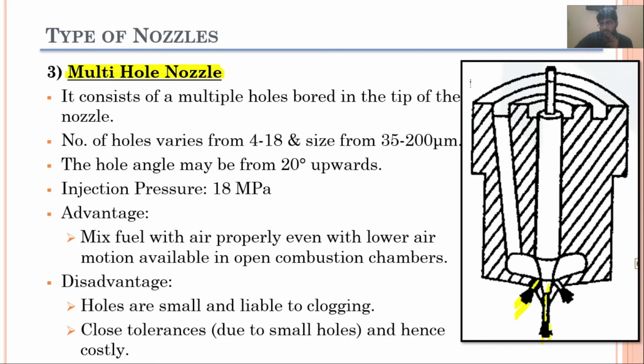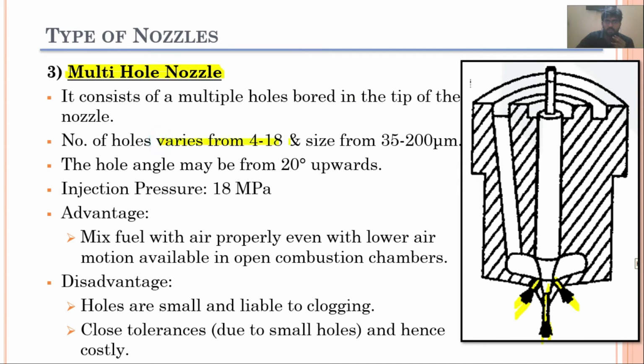Here you can see. So this construction avoids that defect which the single hole nozzle has, that it would not be covering the entire area of the combustion chamber. So it consists of multiple holes bored in the tip of the nozzle.